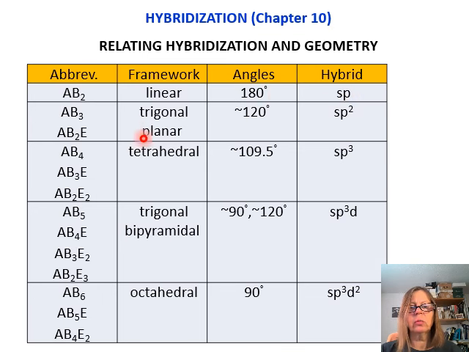A trigonal planar framework, whether it's AB3 or AB2E, corresponds to an sp2 hybridization of the element. A tetrahedral framework, whether it's AB4, AB3E, or AB2E2, corresponds to an sp3 hybridization.